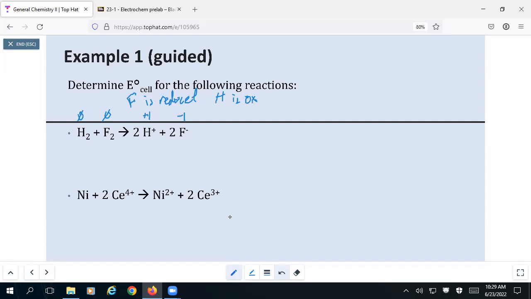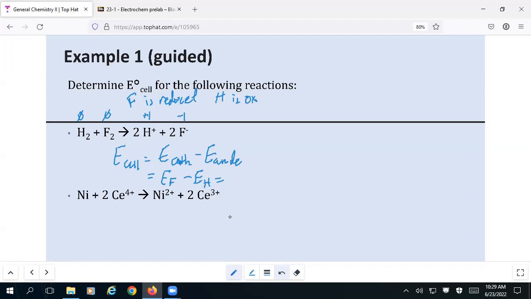And so if E cell is equal to E cathode minus E anode, that would be E of fluorine minus E of hydrogen. I can find those values.